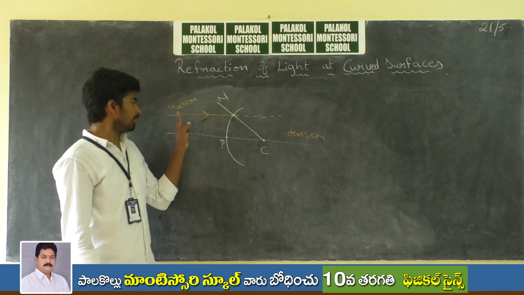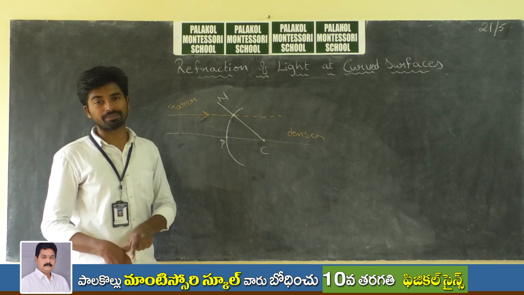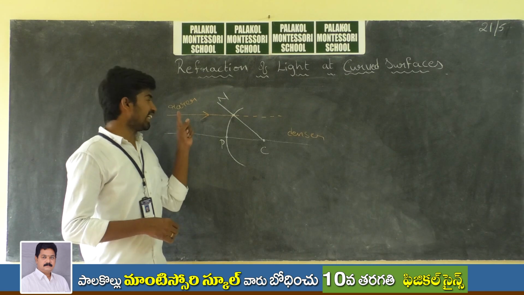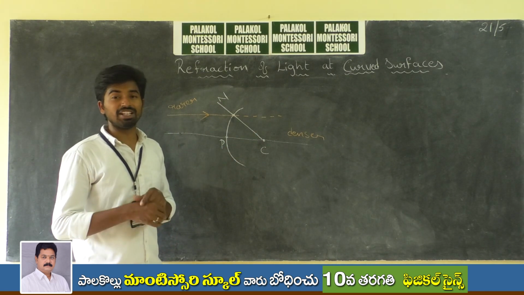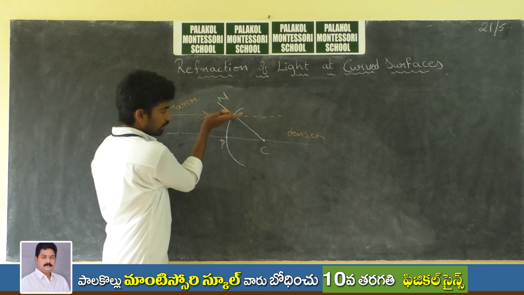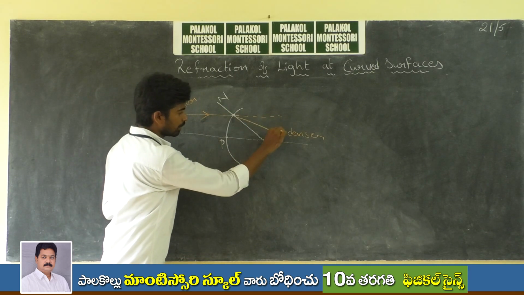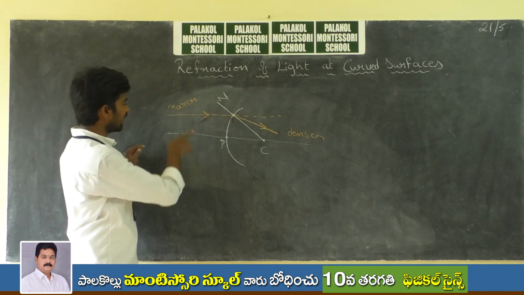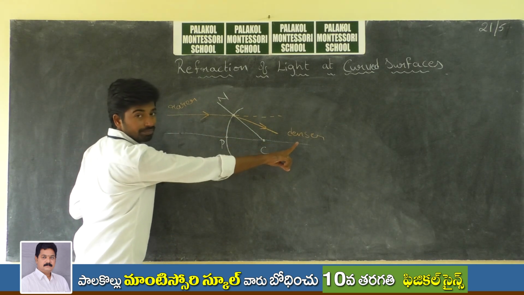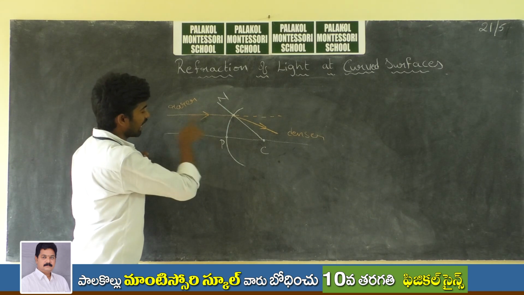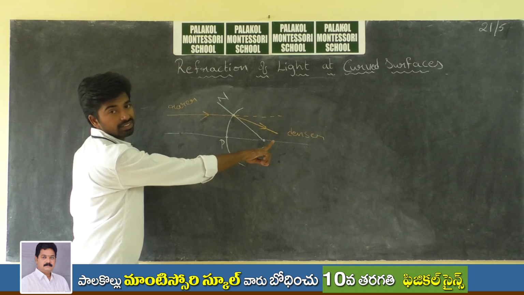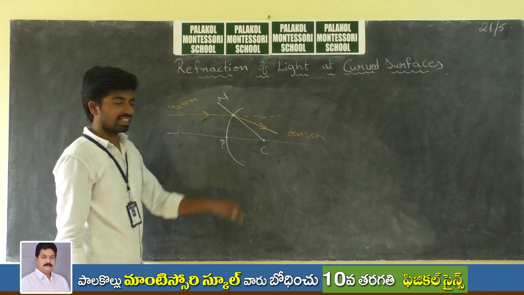When light travels from rarer to denser medium, it will bend towards the normal, and hence the light will take a path like this.